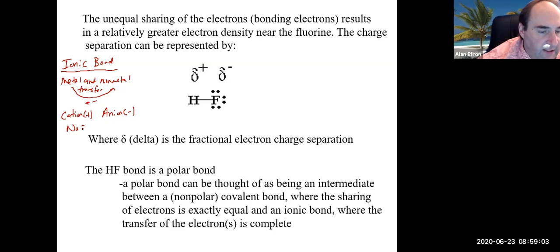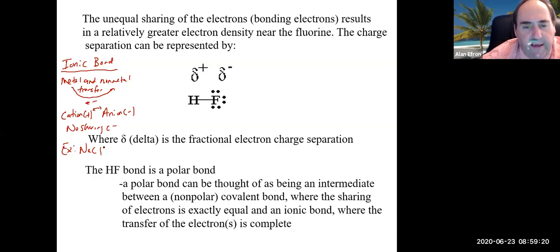No sharing of electrons. Again, what holds that together is that electrostatic attraction. So this would be an example like sodium chloride that we saw, any of those ionic guys, where a metal and a nonmetal come together.